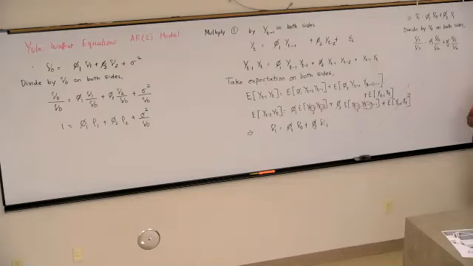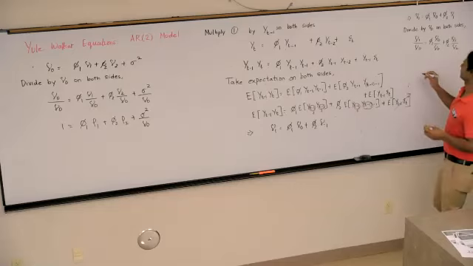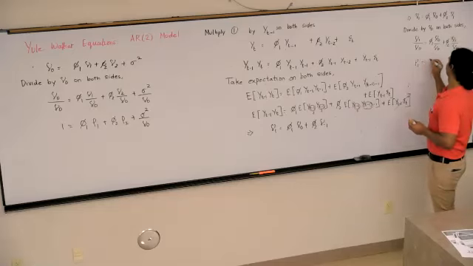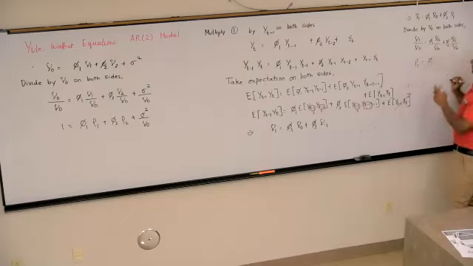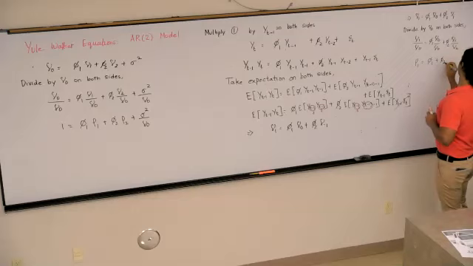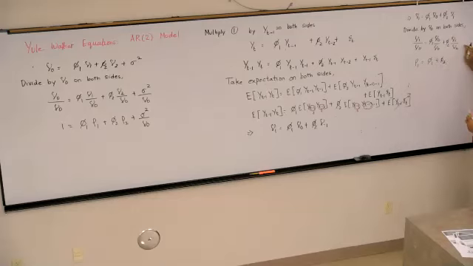What would that equal to? Rho 1. Phi1, that's just 1, plus phi2 of rho 1. Correct.